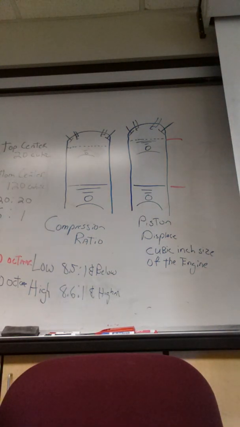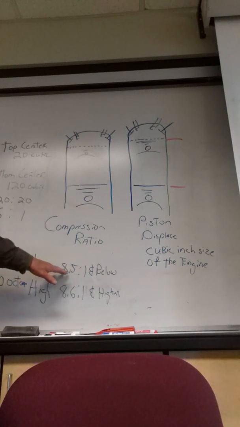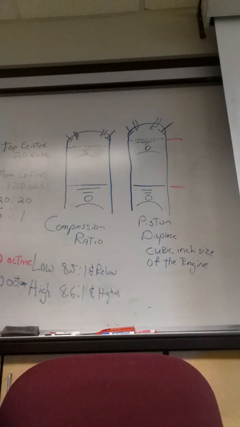Okay, so first talking about compression ratio. Compression ratios are expressed in, for instance, like down here I've got written down what's considered to be a low compression engine, where it's typically 8.5 to 1 and below, or what's considered to be a high compression engine, which is the one that has to use the 100 octane fuel.